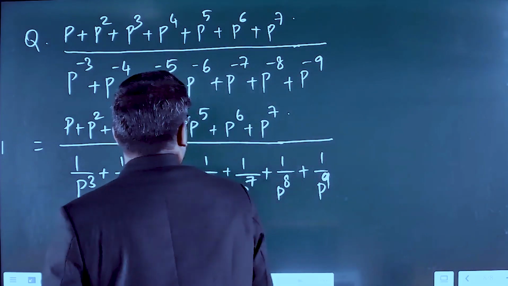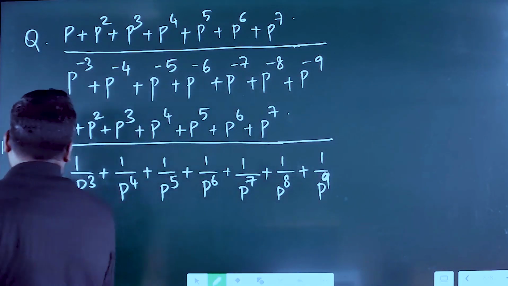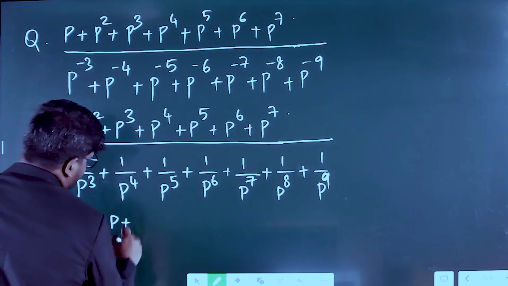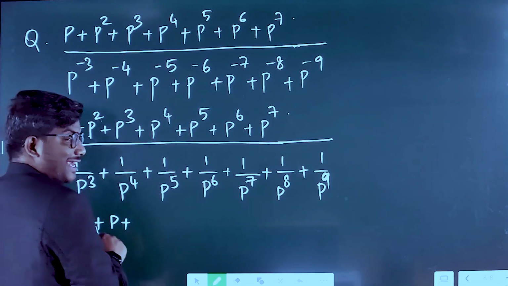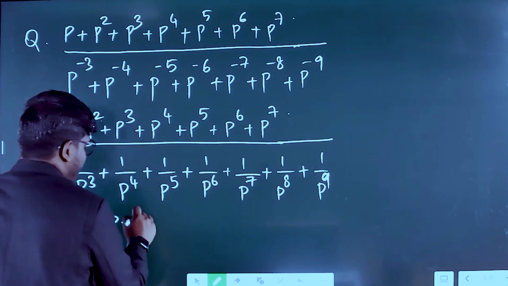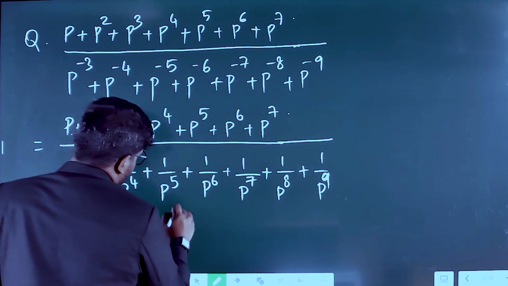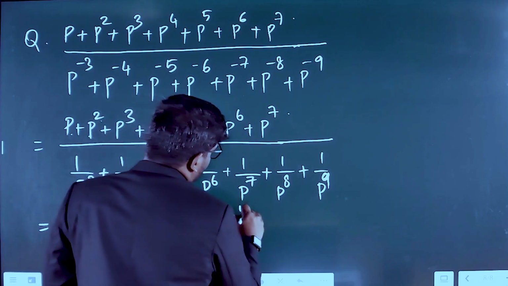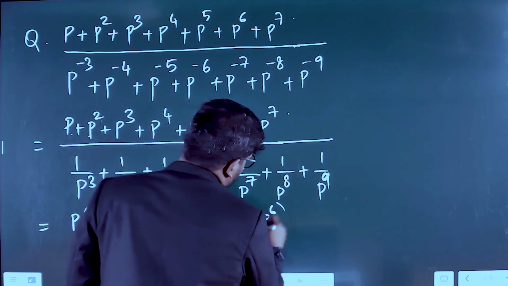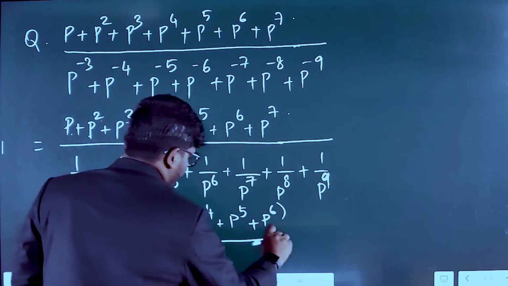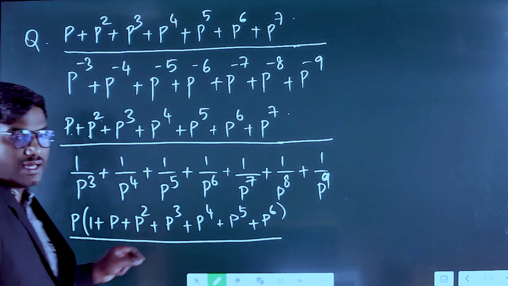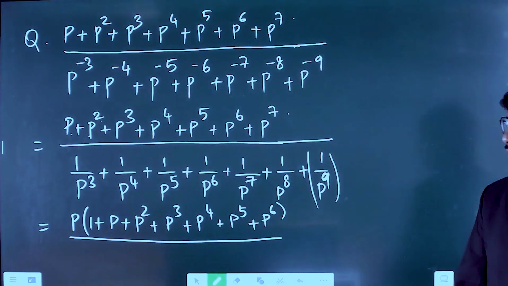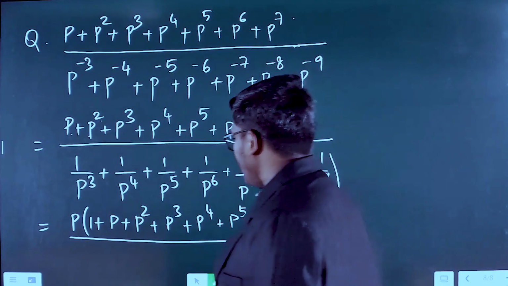Now, in the numerator, we'll take a p common. So it will be p into 1 plus p square by p is p, p cube by p is p square. This will be p cube, p power 4, p power 5 plus p power 6, whole divided by. Now, the biggest denominator here is p power 9. So I'll take a p power 9 in all of these terms.